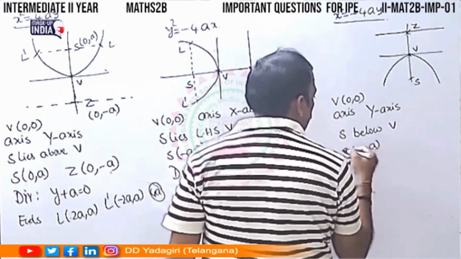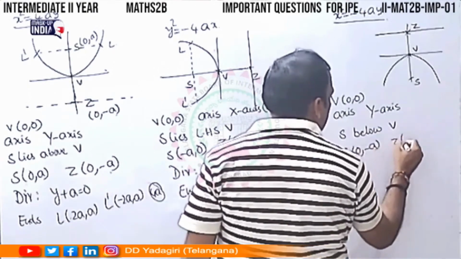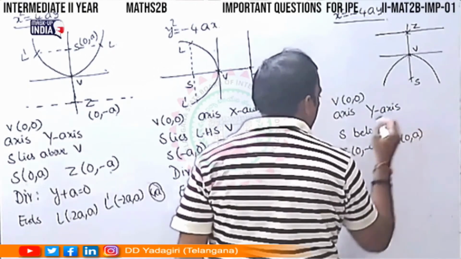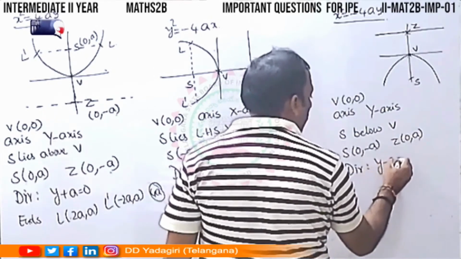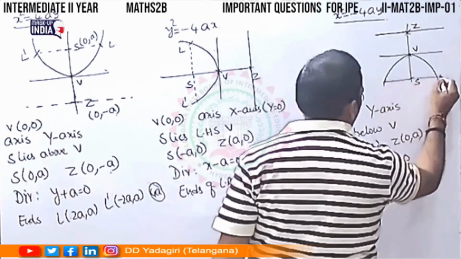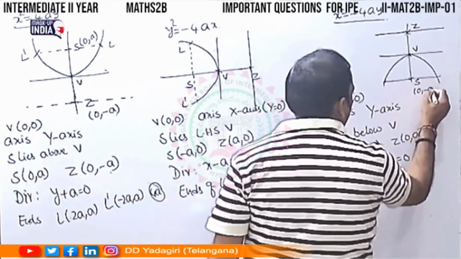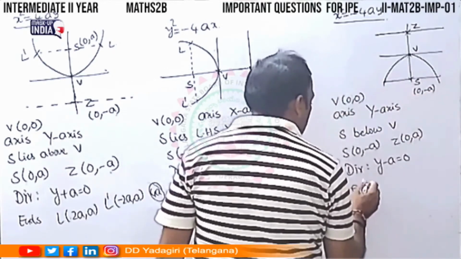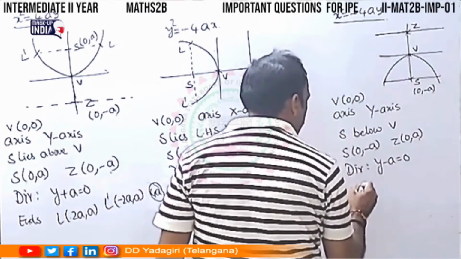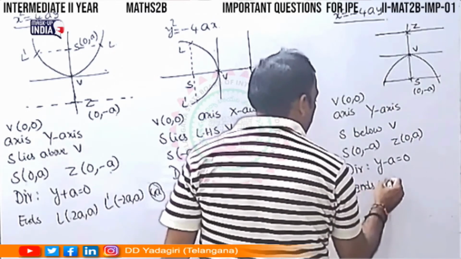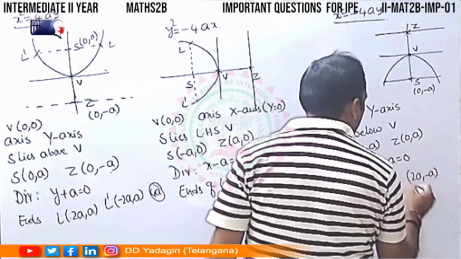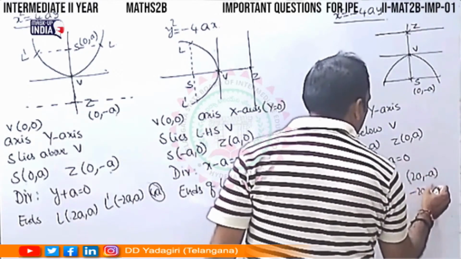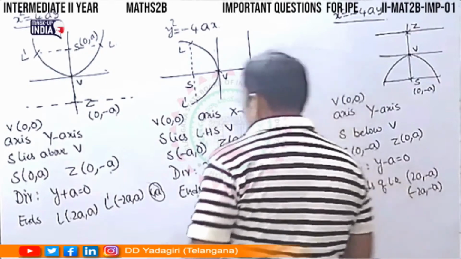Focus is (0, -a), and Z is (0, a). Directrix: y - a = 0. Ends of the latus rectum are (2a, -a) and (-2a, -a).